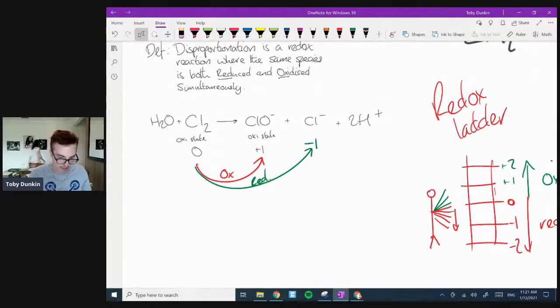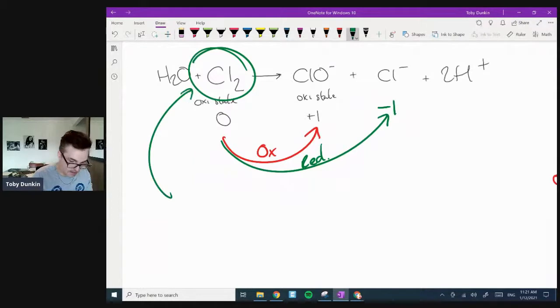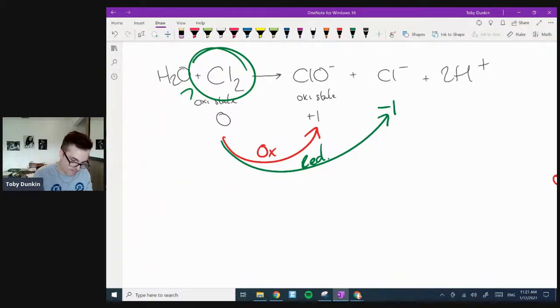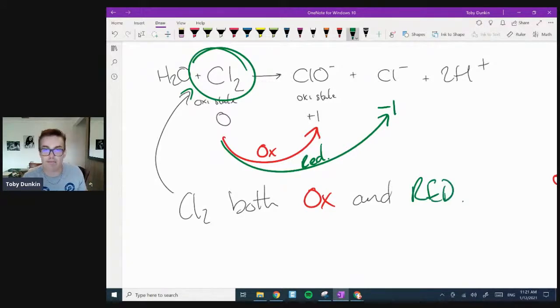Really handy. So what that means is the same species, the Cl2 species, is both oxidized and reduced, and red should be in red.